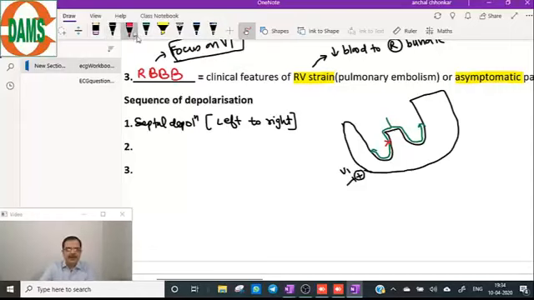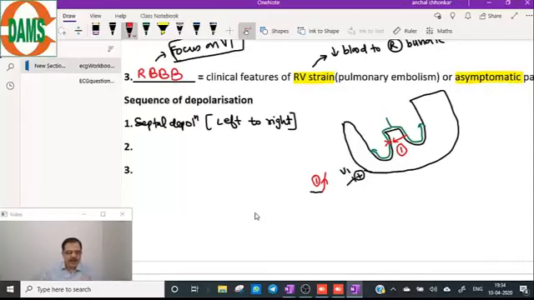So there will be a vector which is coming from left to right. So the first part to depolarize is the septum from left to right, there is no problem in that direction. So the V1 needle will show a positive deflection upward. It will show a positive deflection, normal.